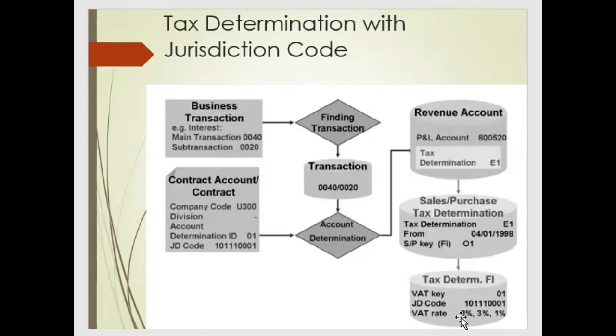So you can see here there is a new component added with the tax determination, which is the jurisdiction code. Now, jurisdiction code, then the key and the raw percentage, 18%, 3% or 1%, and we link to the tax determination E1 and we allocate that to our invoice or incoming payments.